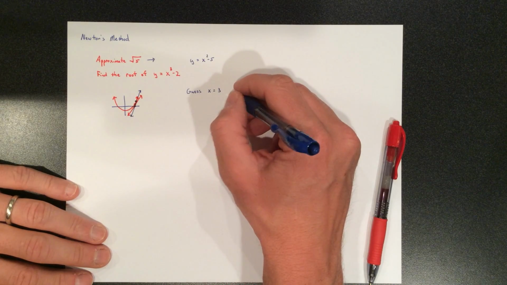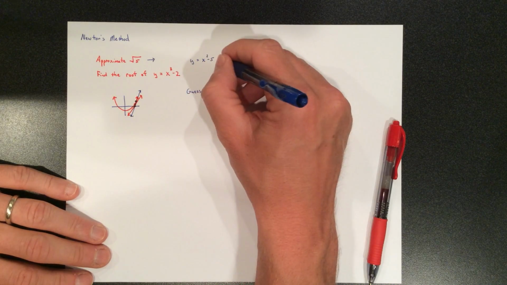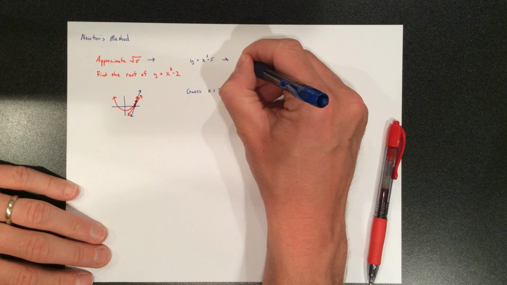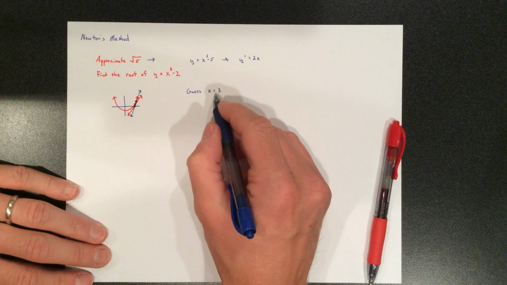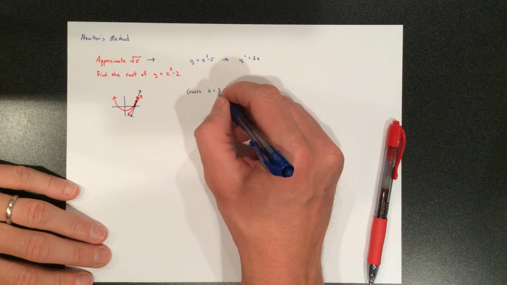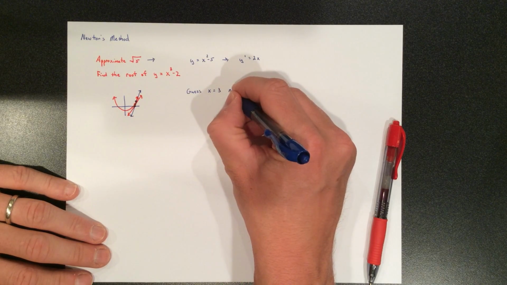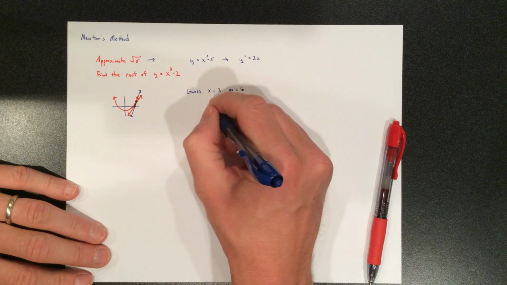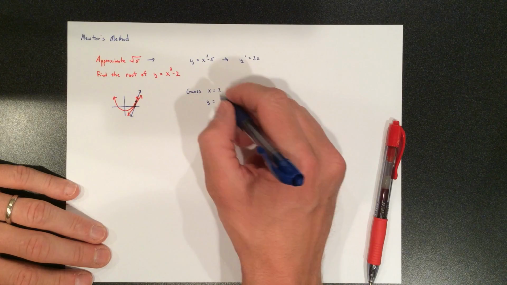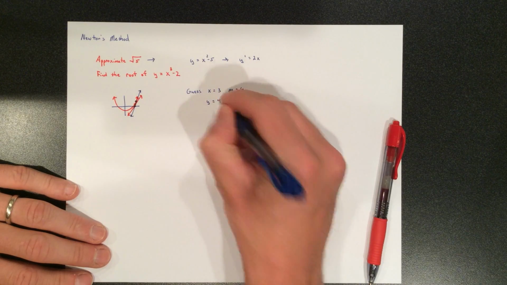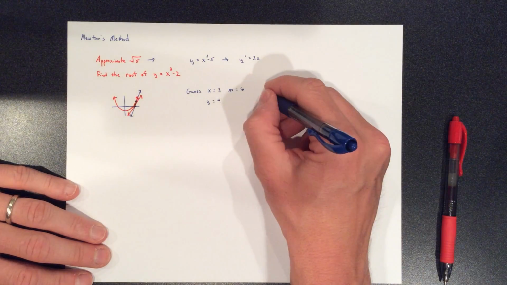Well, what's the slope at 3? Well, let's be clear. If this is our function, then we also know that the derivative, y prime, is equal to 2x. So at 3, I know I have x is 3, and I know I have a slope of 6. And when x is 3, I have a y value of 4. Okay, so then I can write the equation of that tangent line.